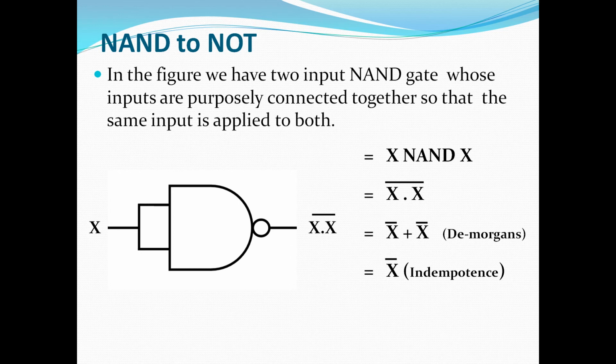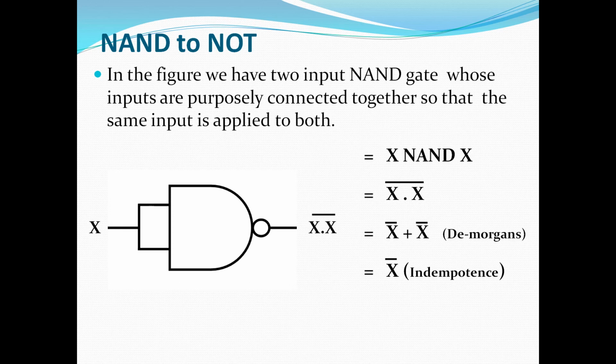Here the input is x. For a NAND operation, if x and y are the inputs, then (x dot y) whole dash is the output. But here both inputs are x, so the output will be (x dot x) whole dash. We have to reduce that into x dash.